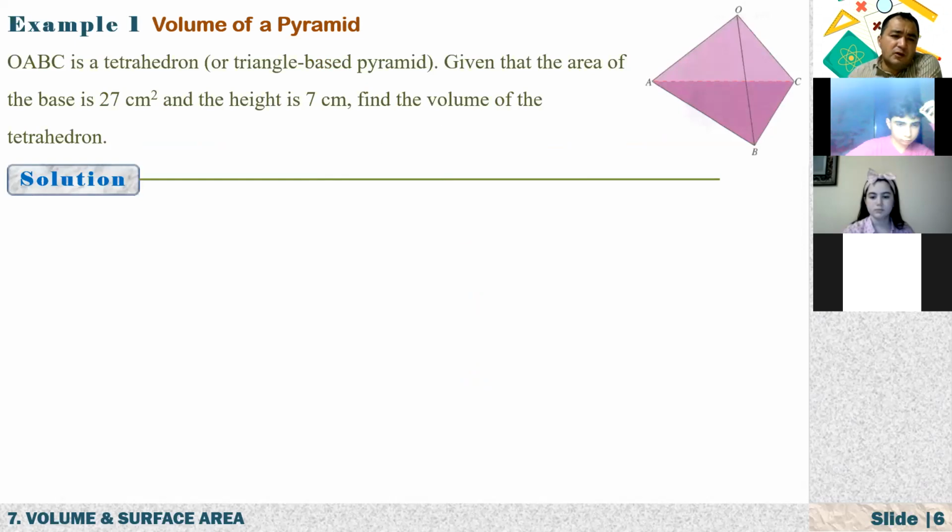In the example, OABC is a tetrahedron. Tetra means, maybe if you played Tetris before, this Tetris game was very, very famous. It has 4 squares. Using these 4, we can make a lot of different shapes, right? For example, I can make one like this, 1, 2, 3, and 4.